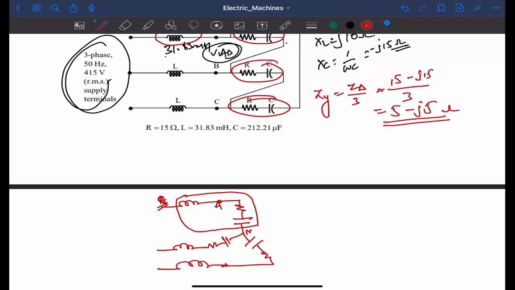So what is the per phase equivalent impedance? We can apply the voltage division rule, no? So this is 5 minus J5, okay, and this is J10. So we will apply the voltage division rule. What is the full phase voltage?